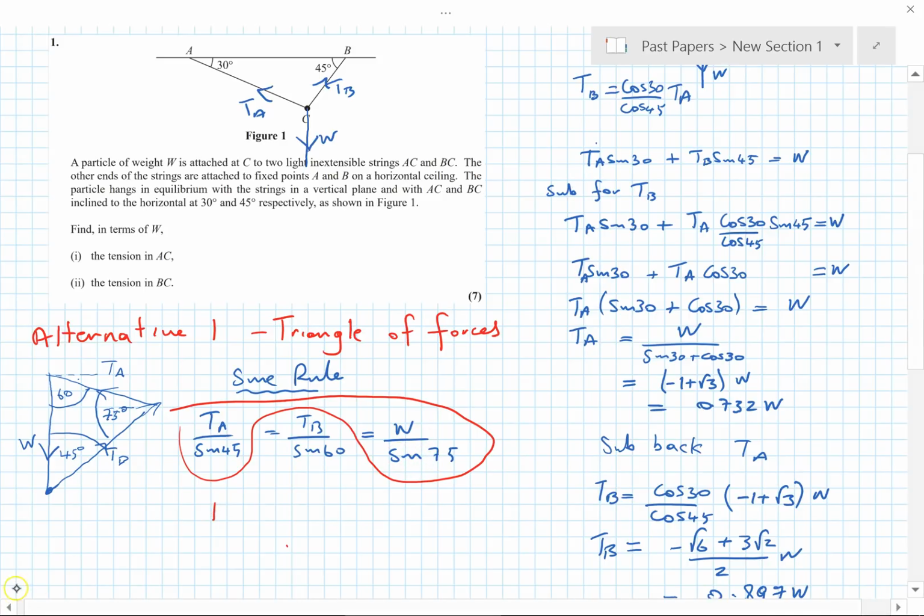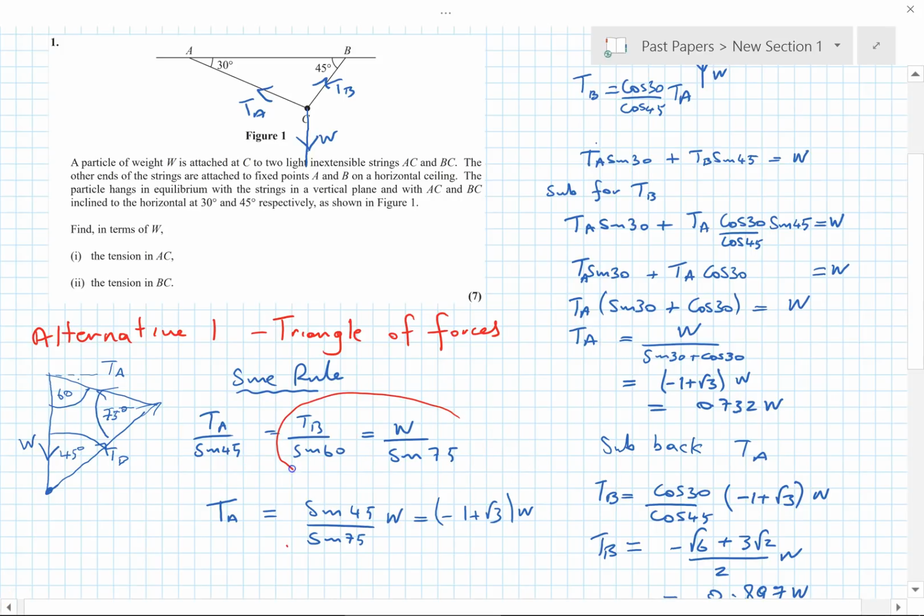So TA is equal to sine 45 divided by sine 75 times W, and that will give me my minus 1 plus the square root of 3 W that I need in one go, or the 0.732 W we get in one go. And then we can do something similar with TB.